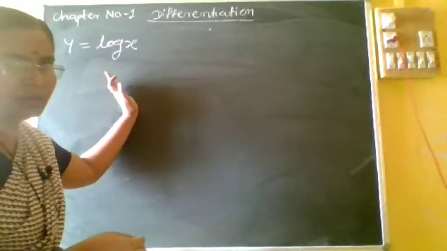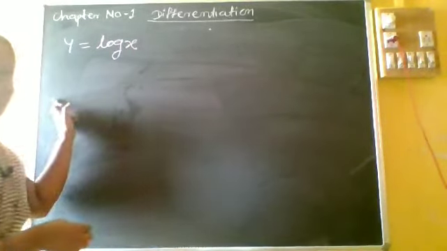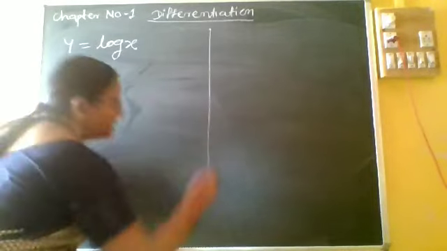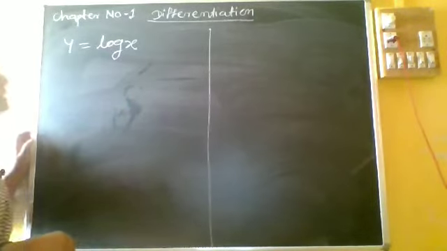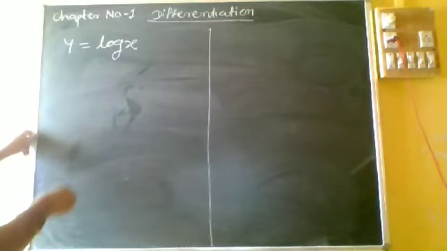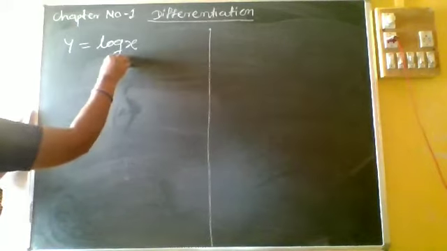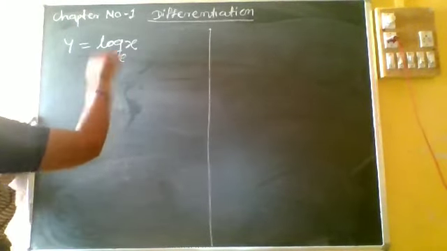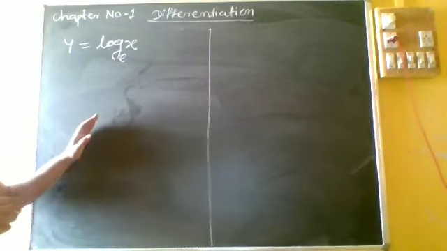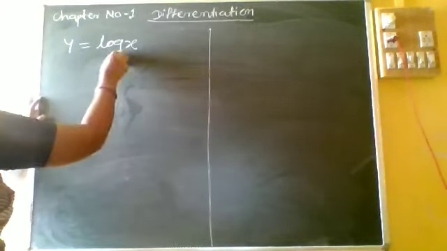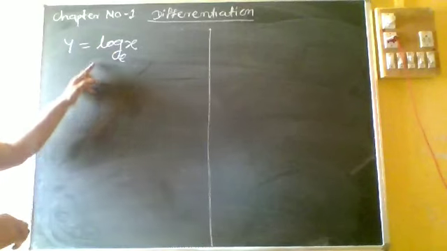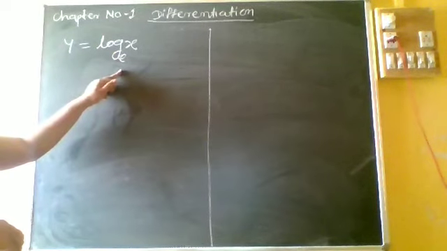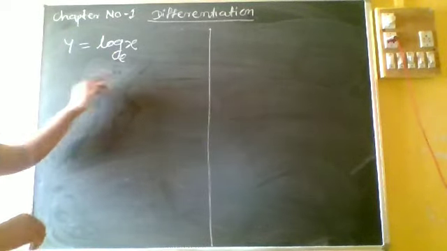We have to find x in terms of y. What is the base of this log? This is e, because it is a natural logarithm. Whenever the base of the logarithm is not given to us, we consider it a natural logarithm and the base is e.